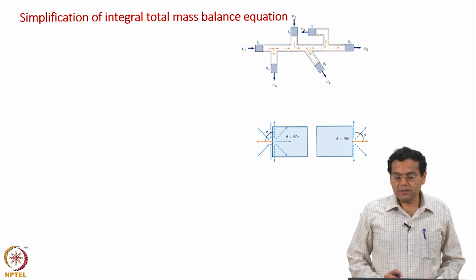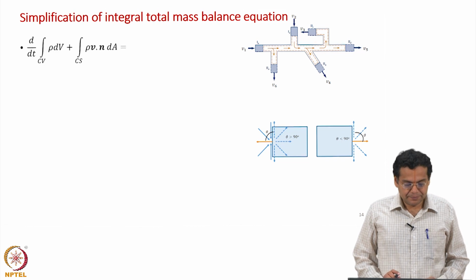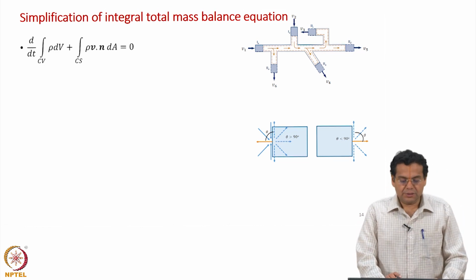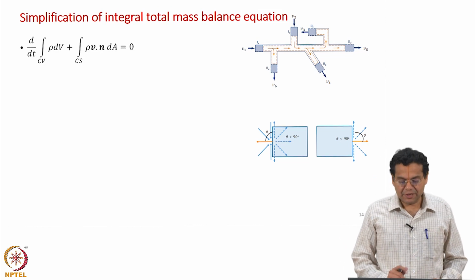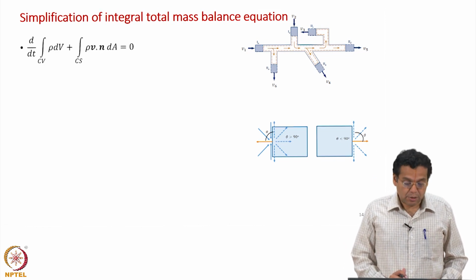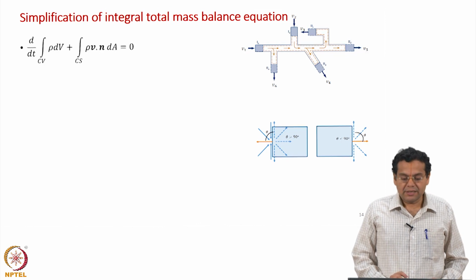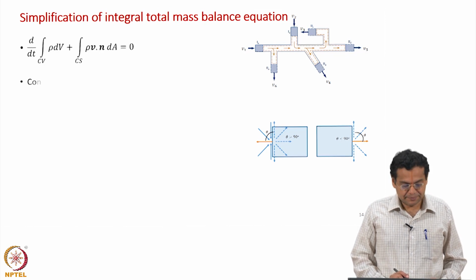Okay, the integral form of the total mass balance equation which we have derived is usually used after making a few simplifications. So, we will see how we simplify this integral mass balance equation.